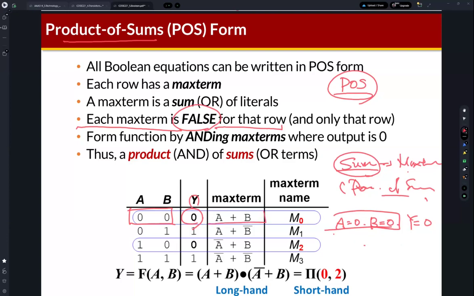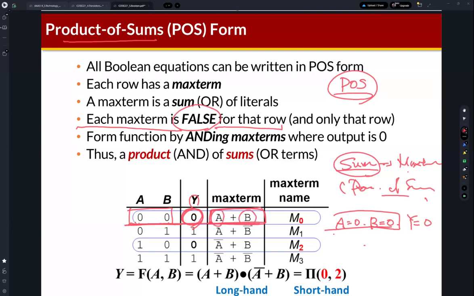For this equation, the max term is A plus B. So we can select the max term that can make Y 0 for this input, okay? So if A is 0 and B is 0, then this is A and B, not A bar.